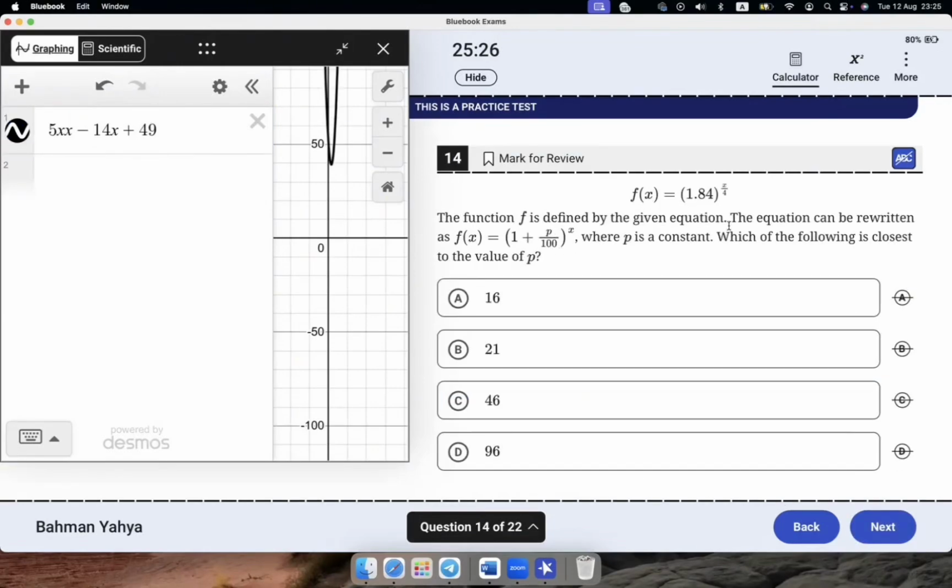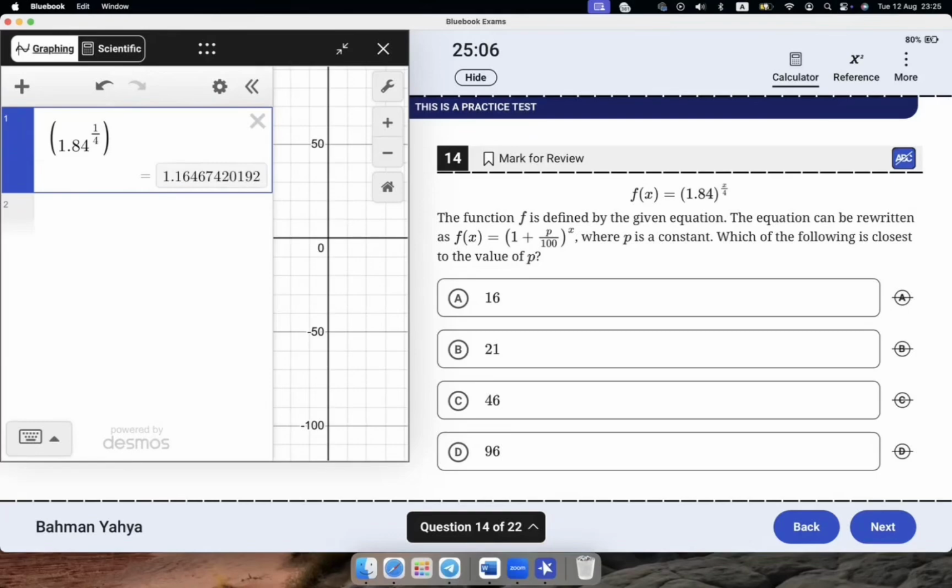And next one, we are given f(x). Which of the following is closest to the value of p if this one is equal to that one? Can I just write 1.84 raised to x over 4 like this? Raised to 1 over 4 and raised to x. That's the same thing, right? Is equal to raised to x, right?